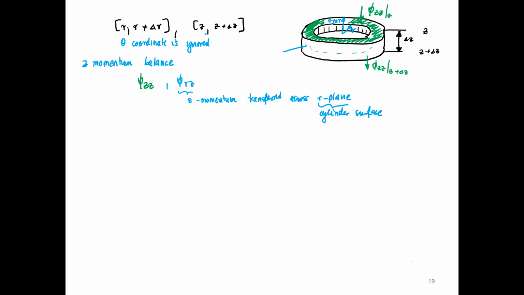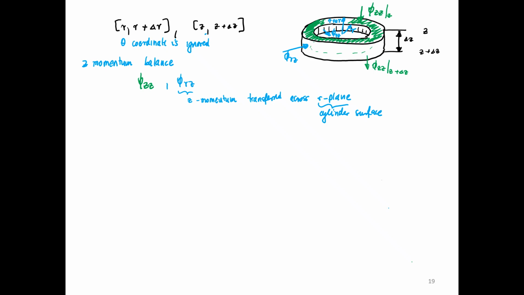So basically, I have phi RZ acting on this outside surface, and also on the inside, I'm going to draw in a slightly different direction here, phi RZ, right? So this one is acting on the inner surface and on the outer surface. I have my cup today. So basically, I have phi RZ here on this inner one, and phi RZ on the outer one.